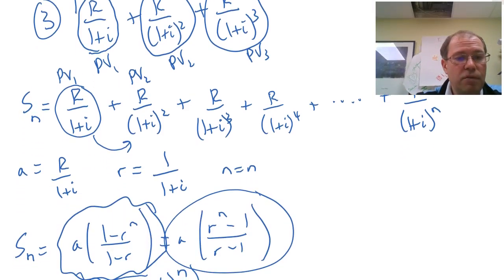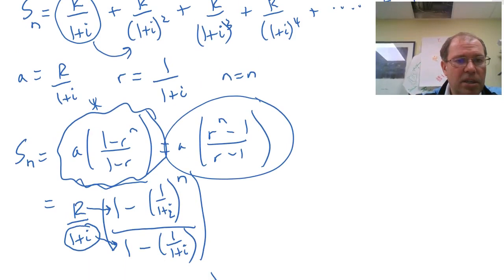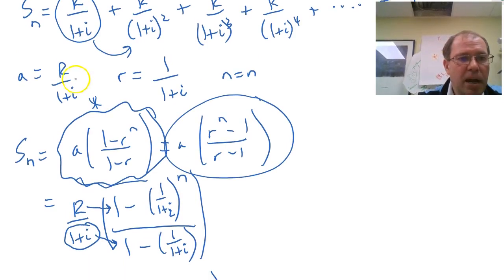We have 2 formulas that we can use for the sum of the first n terms of a geometric series. Normally I prefer this one, so I'm going to do that one, and we'll see which one works out nicer. So using that formula, you can see I put in my a, which is R over 1 plus i, and my common ratio r, which is 1 over 1 plus i, and I get this badger here.